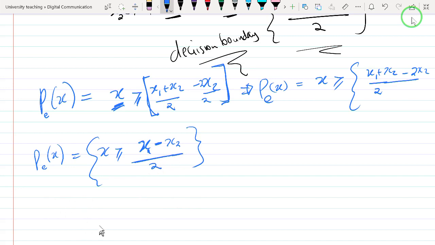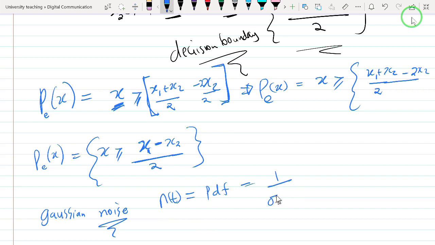And now we remember that this error is caused by Gaussian noise, because we are saying that the channel is an additive white Gaussian noise channel. And the kind of noise that is experienced in that kind of channel is normally characterized by n of t, and n of t is said to have a probability distribution function, pdf, which may be represented by 1 over sigma root 2 pi e to the minus n squared of t divided by 2 sigma squared.